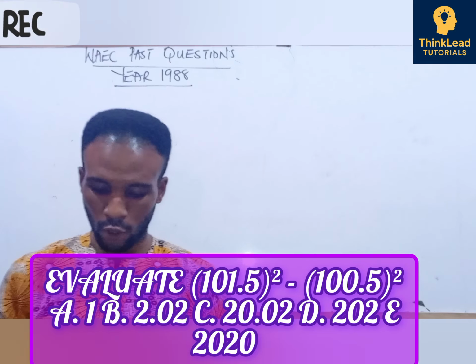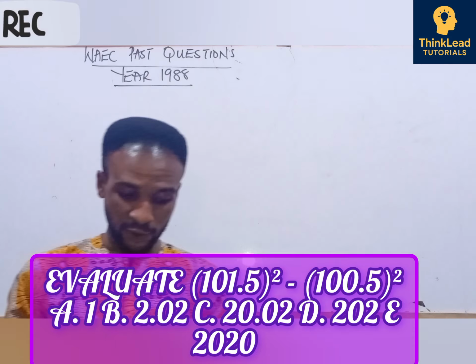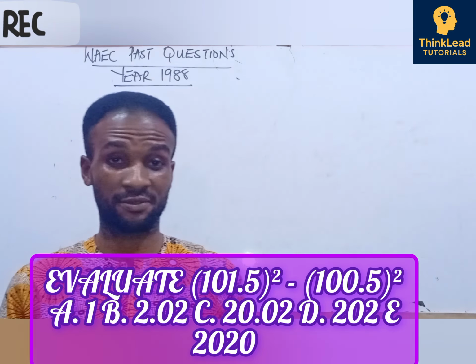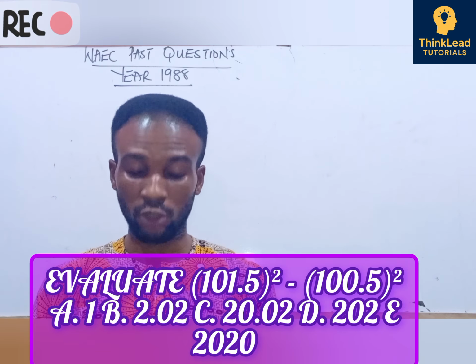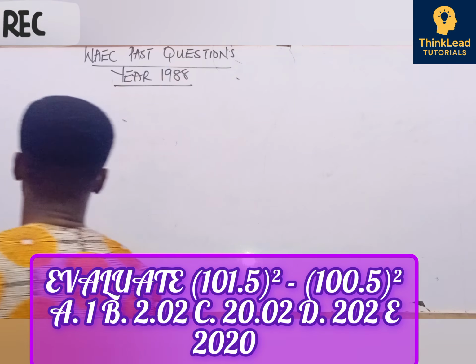The first question in my book, as you can see on your screen: evaluate (101.5)^2 minus (100.5)^2. This is what we have.